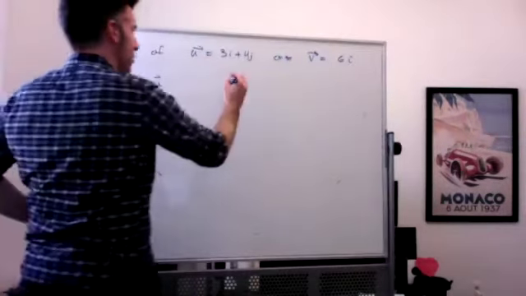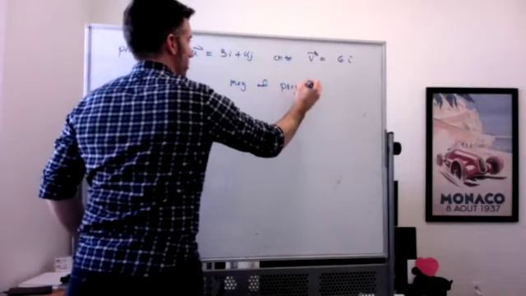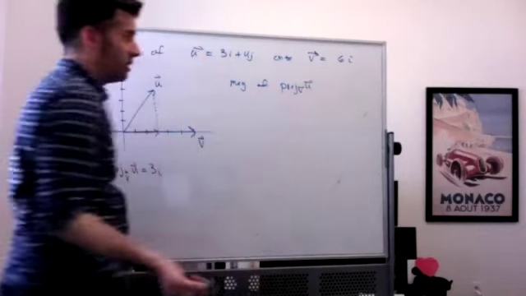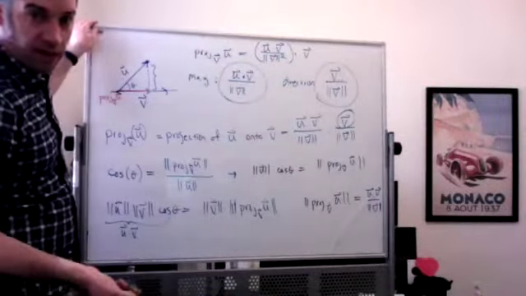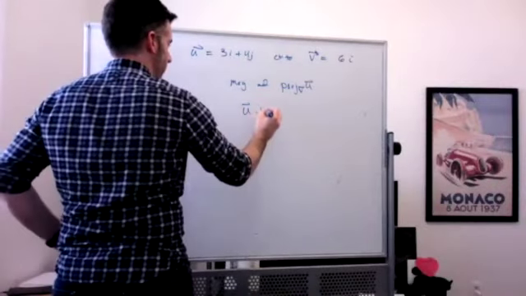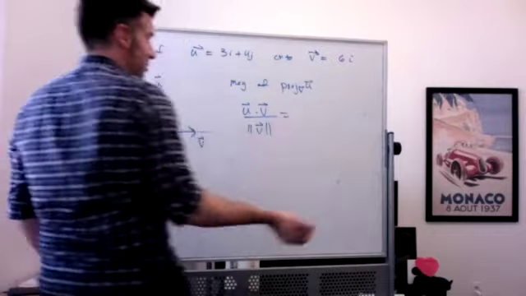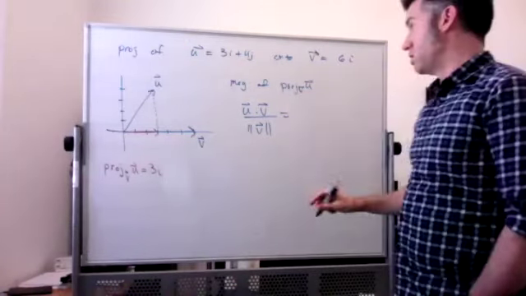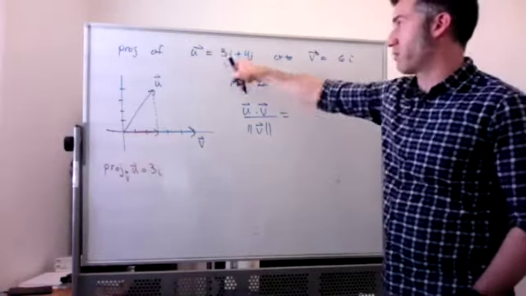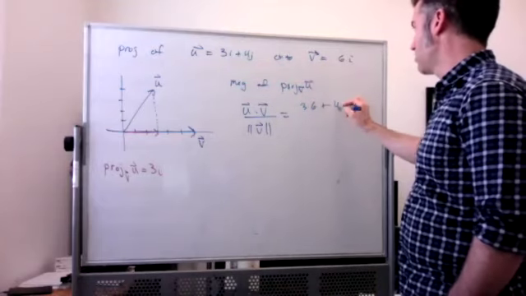So the magnitude of the projection of u onto v is going to be u dot v divided by the magnitude of v. Okay, easy enough. u dotted with v is going to be 3 times 6 plus 4 times 0.